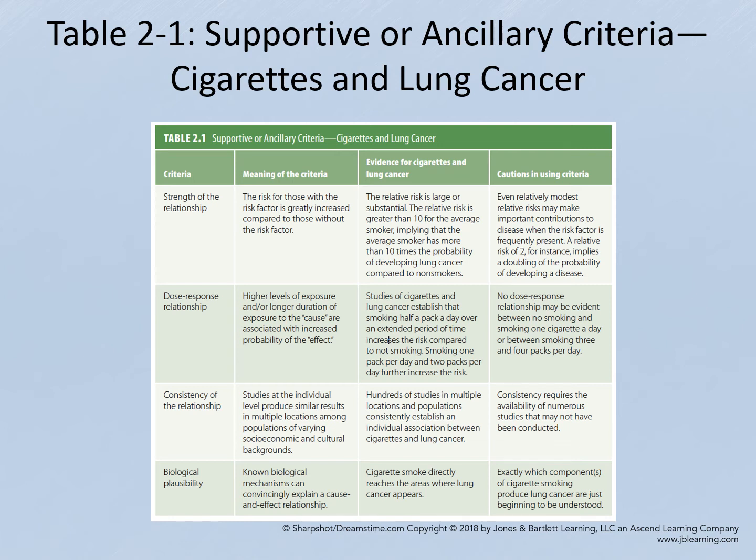Higher levels of exposure and a longer duration of exposure to the cause are associated with an increased probability of the effect. Studies of cigarettes and lung cancer established that smoking half a pack a day over an extended period of time increases the risk compared to not smoking. Smoking 1 pack per day and 2 packs per day further increases the risk. That is the dose-response relationship.